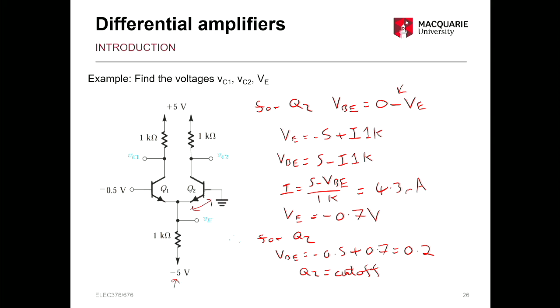Therefore, we can work out from there VC1 is going to equal 5 volts.